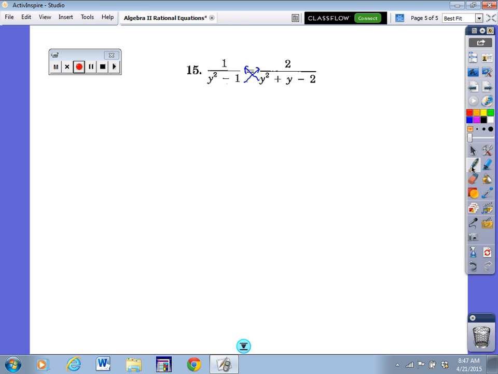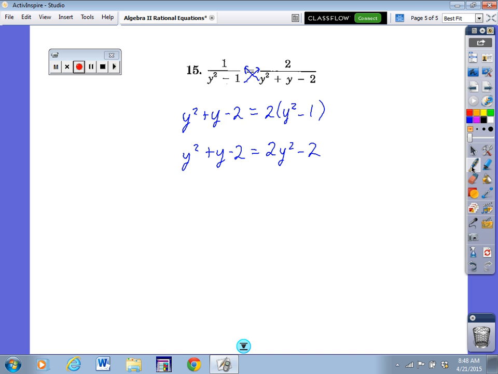And you get 1 times this whole thing, so this turns into this. And this whole thing is what's being divided on the left-hand side. So I do 2 times y squared minus 1. And if I now treat this like a quadratic, then I've got y squared plus y minus 2. Remember, distribute your 2.